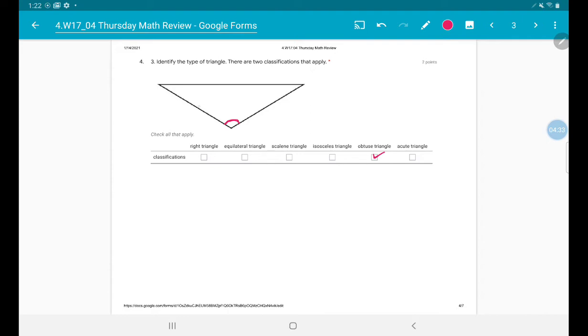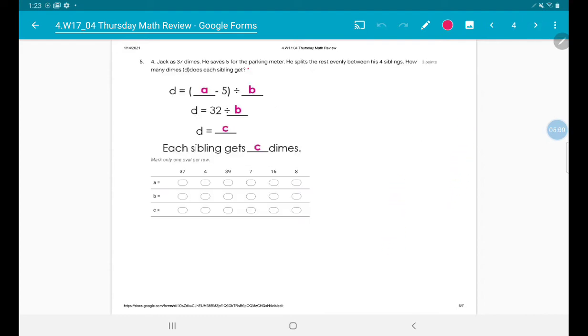Yeah, the 2 that are going down diagonally are the same length. So I have 2 sides that are the same, so it's going to be an isosceles triangle. Isosceles means that 2 sides are the same. So it's an obtuse isosceles triangle.